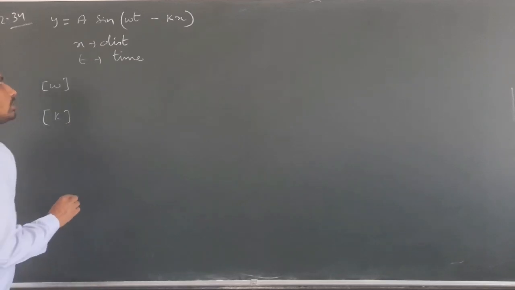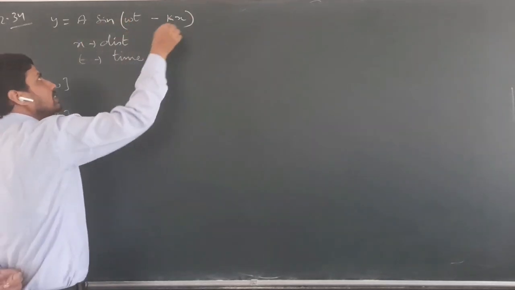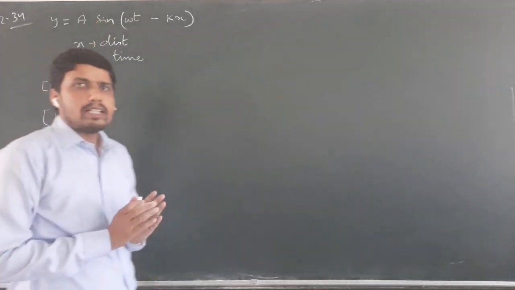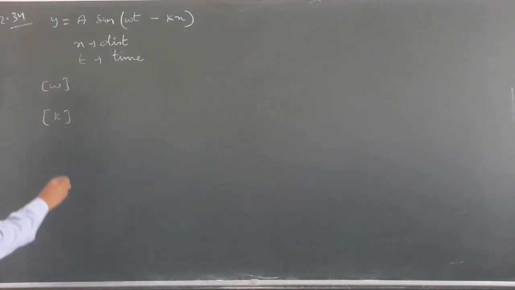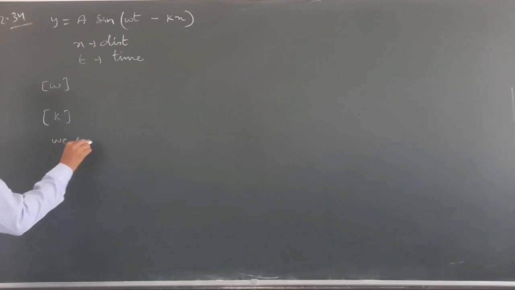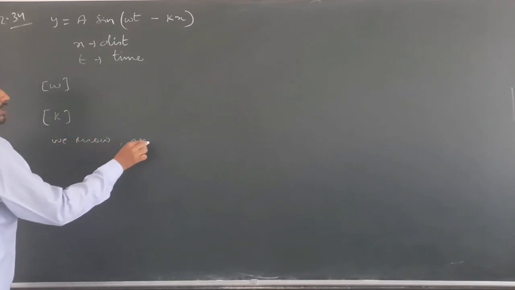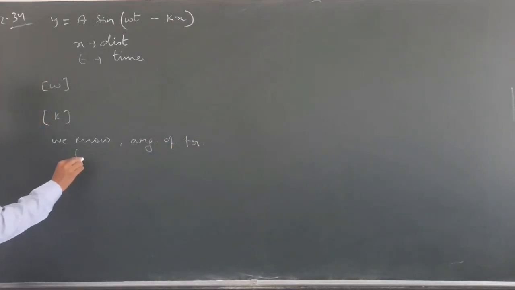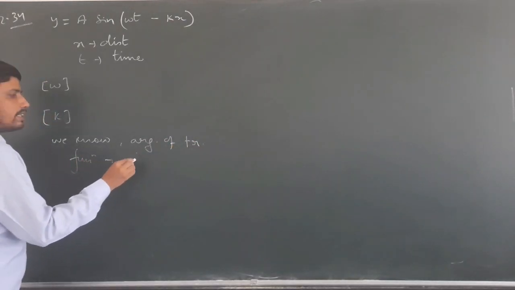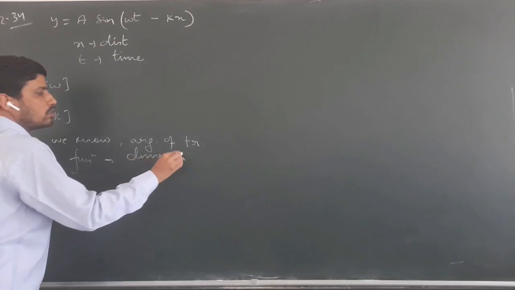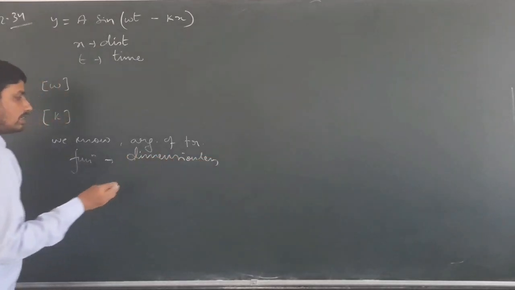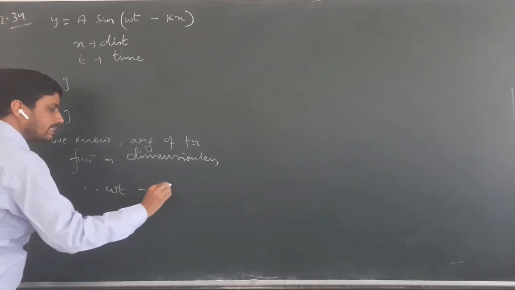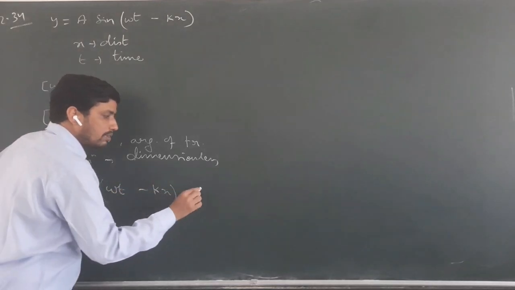First of all, you see that this quantity inside the bracket, which is the argument of sine, must be dimensionless. So we know the argument of trigonometric functions is dimensionless, that means it does not have any dimension. Therefore, omega t minus kx should not have any dimension.